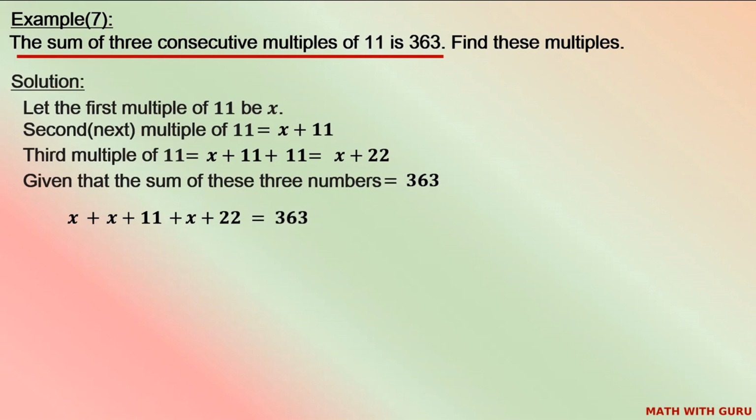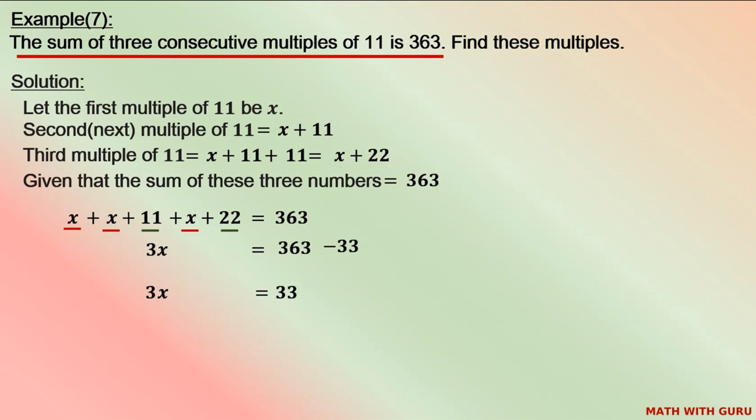Now it's time to solve this linear equation. x plus x plus x, these are like terms. They are on the same side. Their algebraic sum is 3x, plus 11 plus 22 is plus 33. This is equal to 363. Let us solve this equation for x.